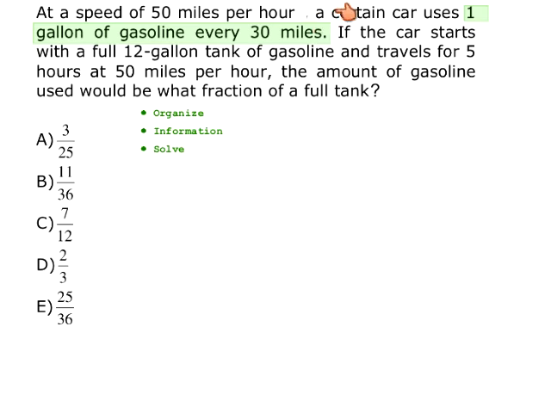It's at a particular speed, but notice this is not anything about the speed per se. You have to understand that much at least. This is just qualifying when the car gets that fuel economy, which you might want to check, and make sure the car is actually traveling at that speed, and it is.